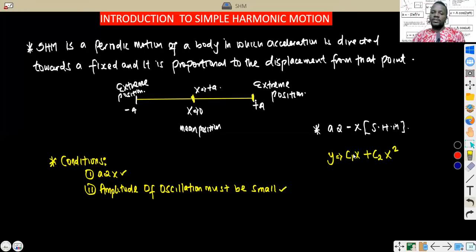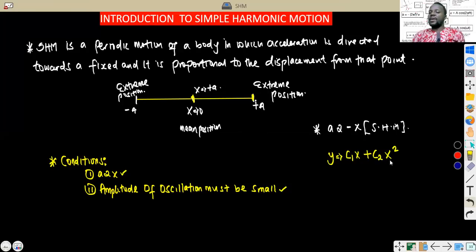This is a kind of quadratic equation because the power is raised to 2. But what we are saying now is that x stands for the distance it is covering at a point in time from the beginning.